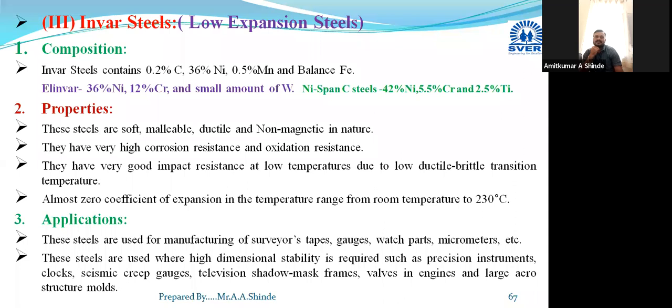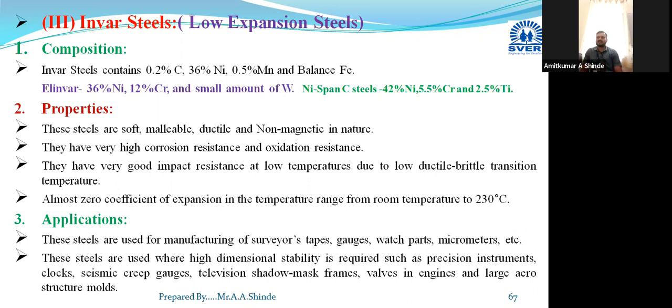Now some specific names of Invar steel are there, like Ilinvar. Ilinvar steel contains 36% nickel, 12% chromium, and a small amount of tungsten.